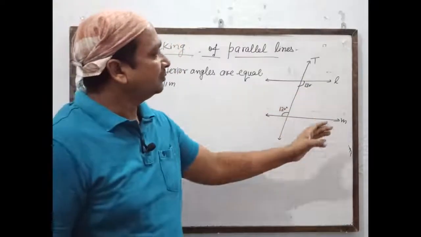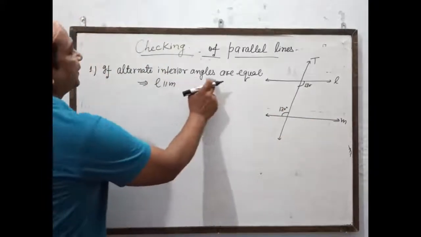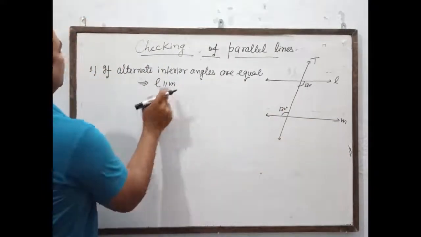Then L and M must be parallel. If alternate interior angles are equal, then L is parallel to M.